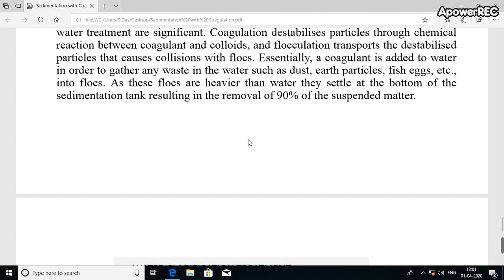Some particles like dust, earth particles and fish eggs will produce flocs, and they will settle down at the bottom of the sedimentation tank. For the sedimentation process, we need to wait for at least 8 hours, and we may need to wait for 12 to 24 hours for the sedimentation process to be completed.